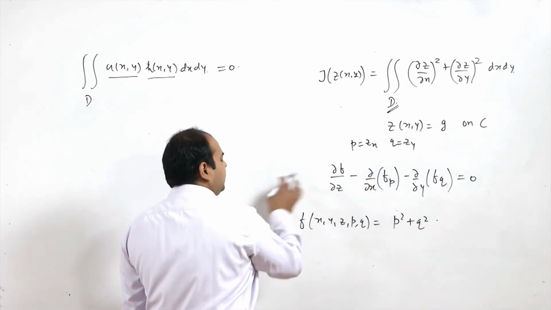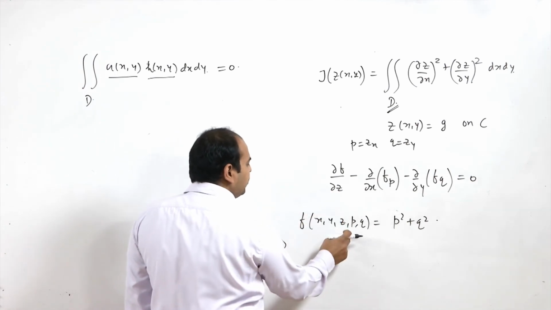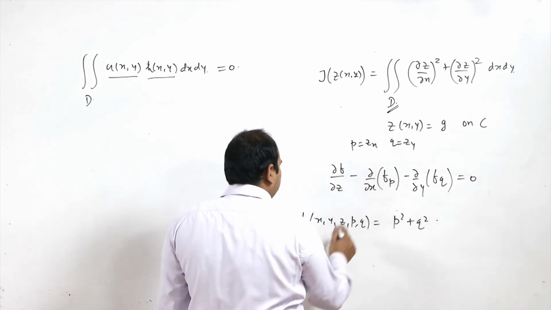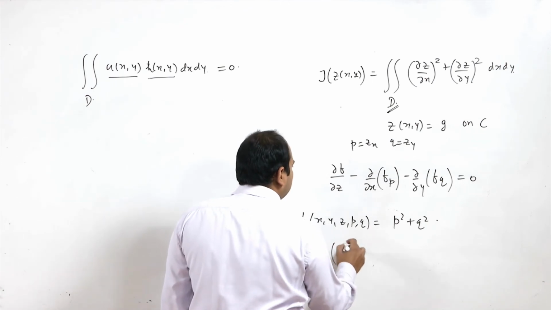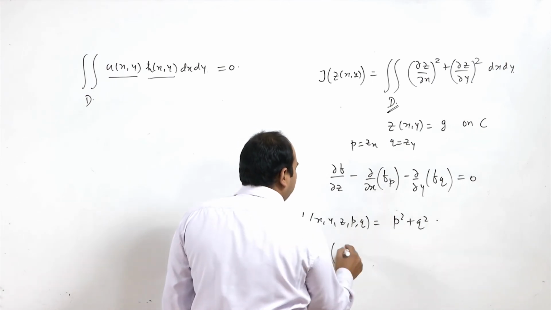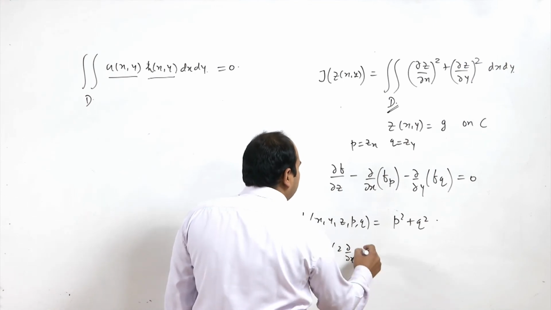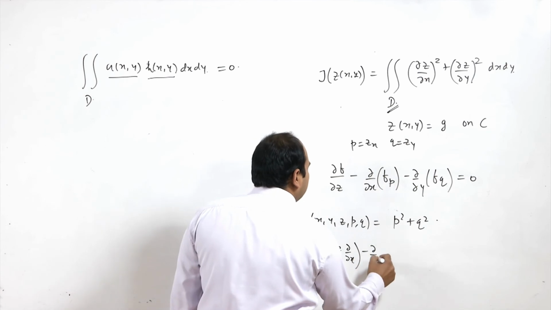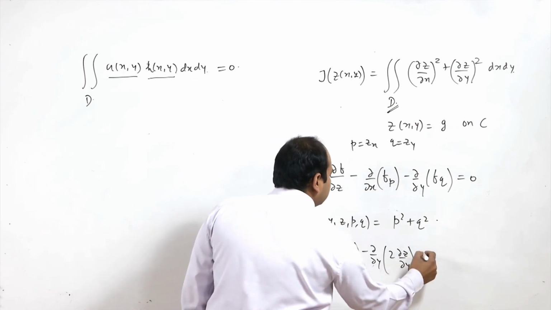So this is the Euler-Ostrogradsky equation, and you can see that there is no component of z here. So you can simply find that minus ∂/∂x, when you differentiate, it is 2p, so ∂²z/∂x², minus ∂/∂y of 2q, so ∂²z/∂y², is equal to 0.